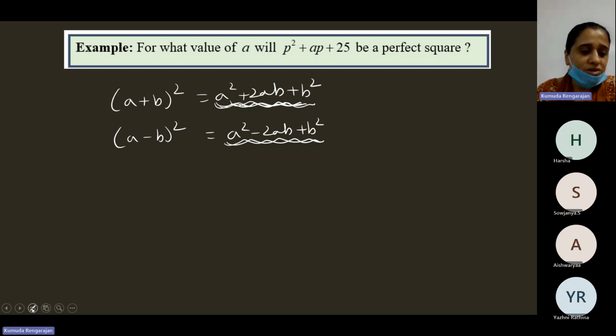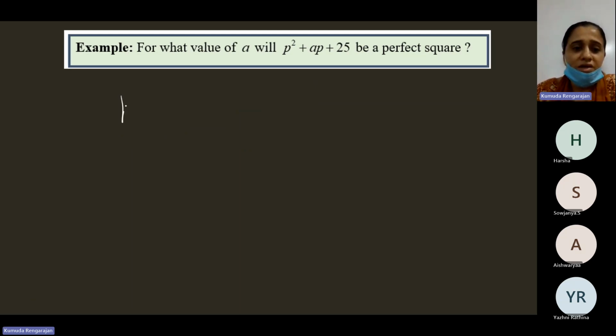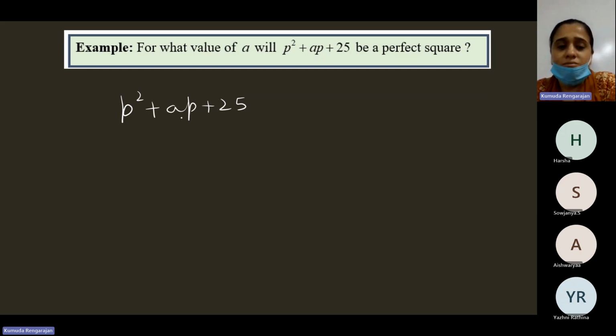Now the question is, we are given this trinomial p square plus ap plus 25. What should be the value of a so that this one is a perfect square? So now this can take 2 forms.